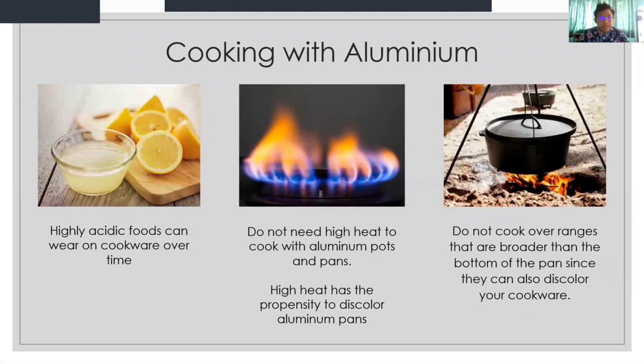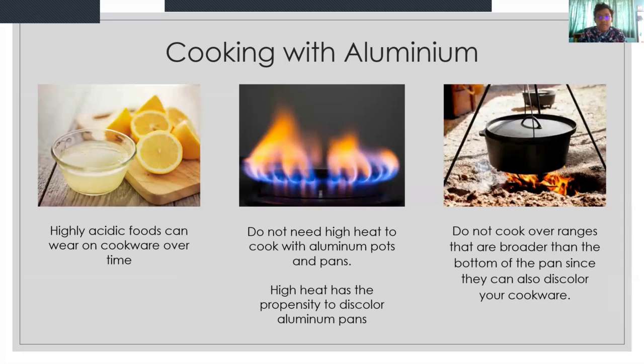Now I'm going to explain about cooking with aluminium. There are three rules that we should always follow when cooking with aluminium pots and pans. The first is that highly acidic foods such as lemons, limes and vinegar can wear on cookware over time, as a chemical reaction between aluminium metal and these acids will occur, sometimes releasing chemical substances into the food. Secondly, we do not need high heat to cook with aluminium pots and pans.